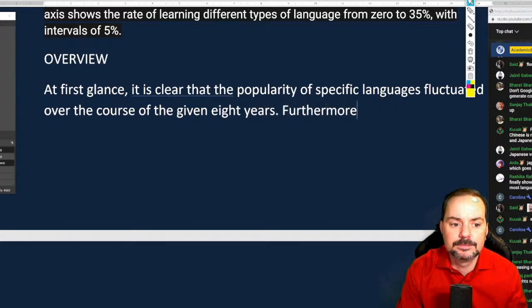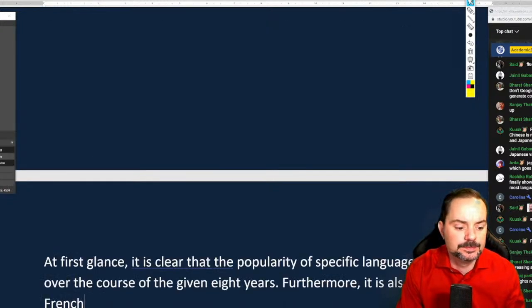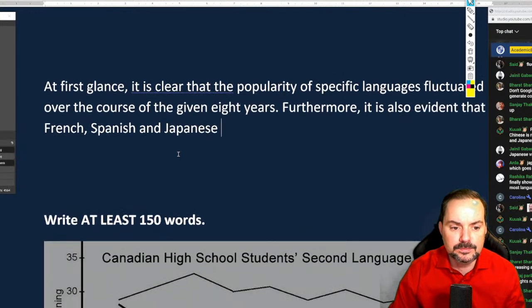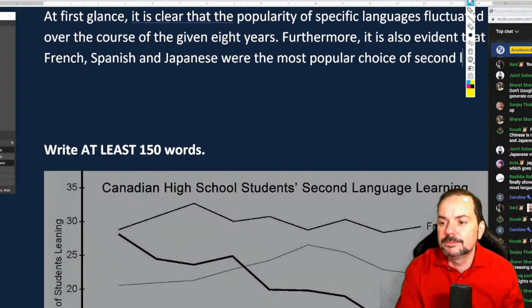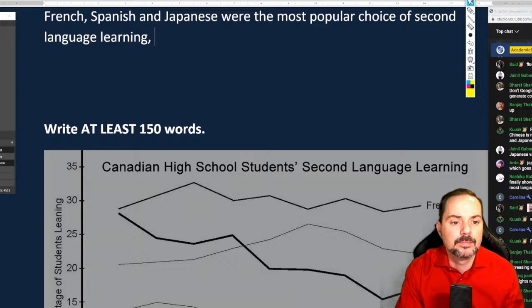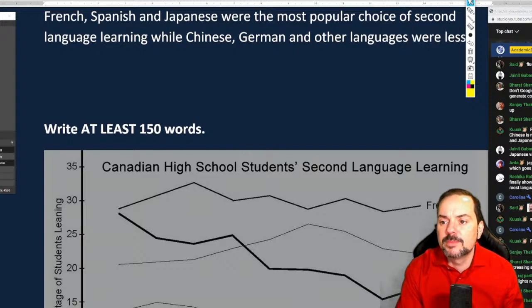Furthermore, it is also evident that French, Spanish, and Japanese were the most popular choice of second language learning, while Chinese, German, and other languages were less popular.